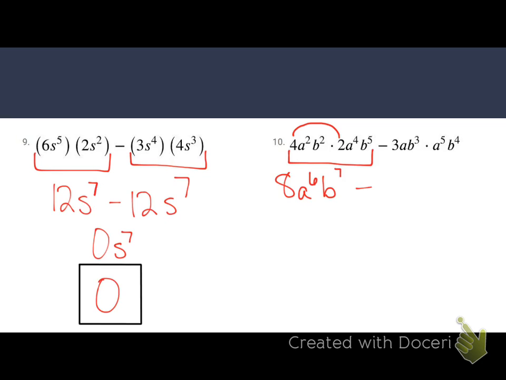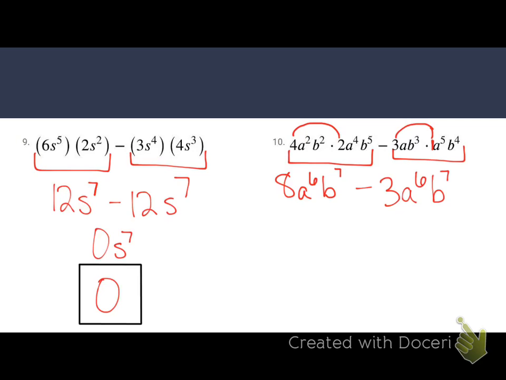Okay, minus in the back, the 3 is getting multiplied by 1. 3 times 1 is 3. So minus 3 a to the 6, b to the 7. Okay, so 1 on the a plus 5 gave us a 6. 3 on the b plus 4 on the b gave us a 7.